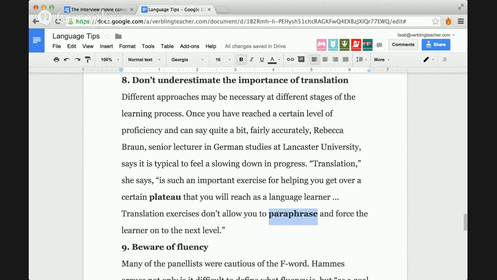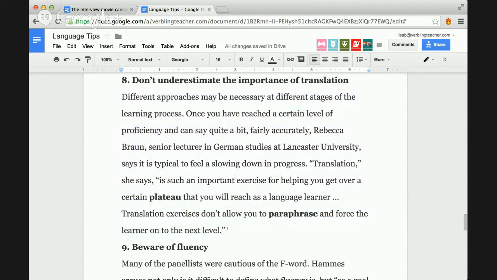You have to actually translate, word for word or the meaning, into Spanish, for example. If I asked you to paraphrase this paragraph here, you would tell me what it said, but you would use your own words. That's the idea of paraphrasing.